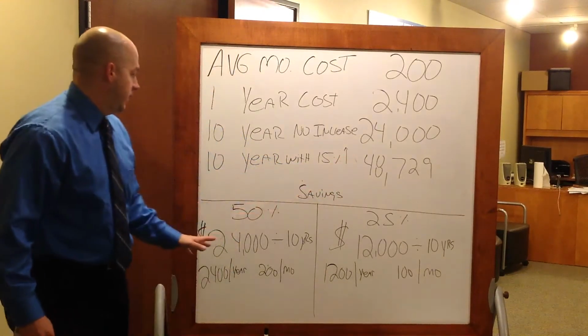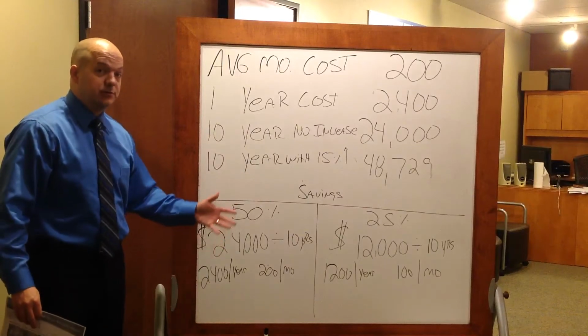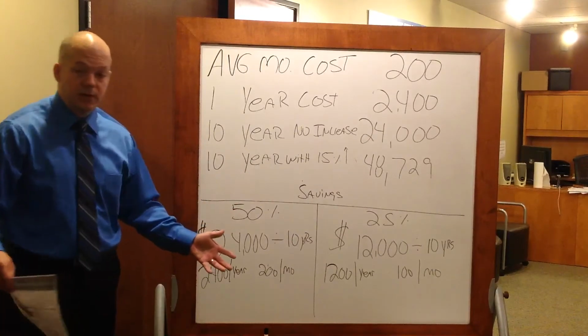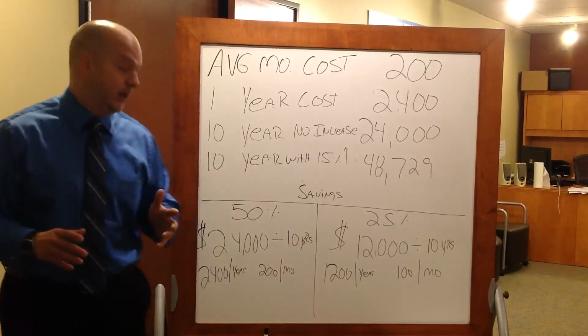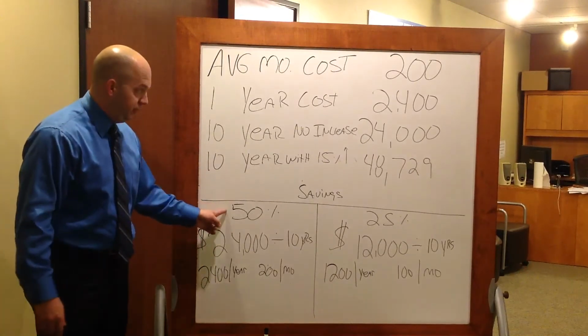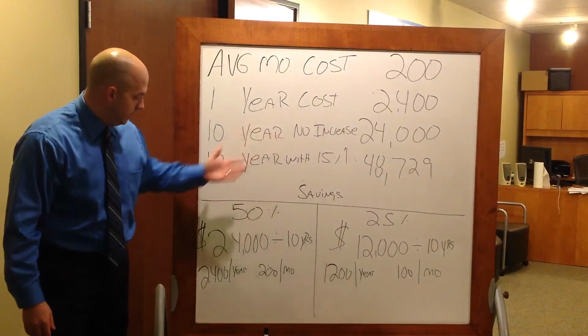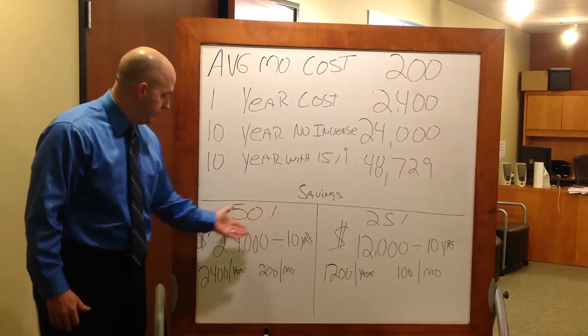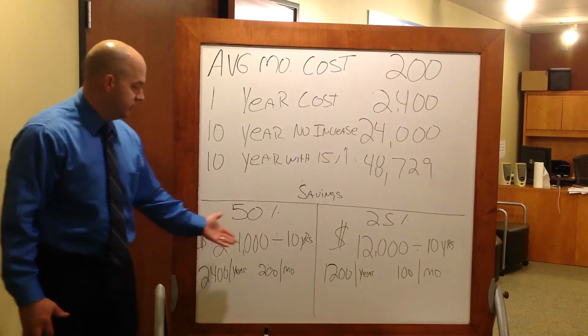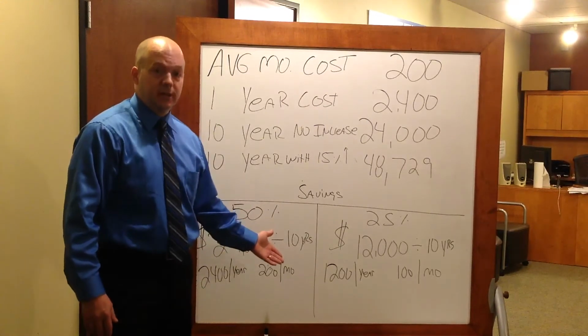However, if you went with the super glazed triple pane windows, everybody remember what the Free Press article said for that? 47%. So if you could save somewhere around 50% of the $48,000, that's $24,000 over the next 10 years. That's $2,400 a year or $200 a month for the customer.